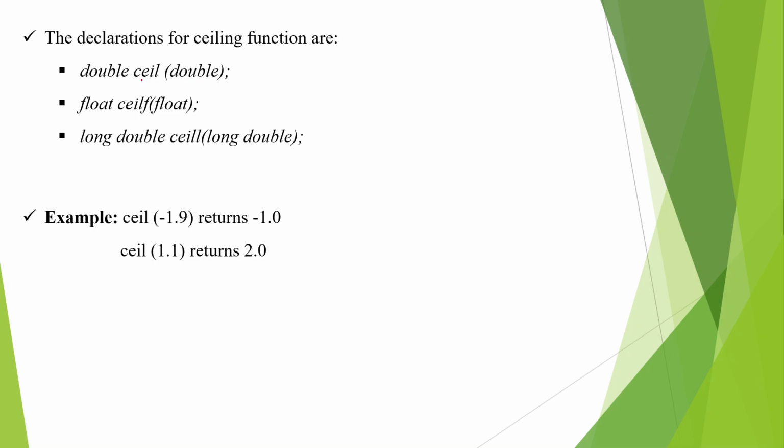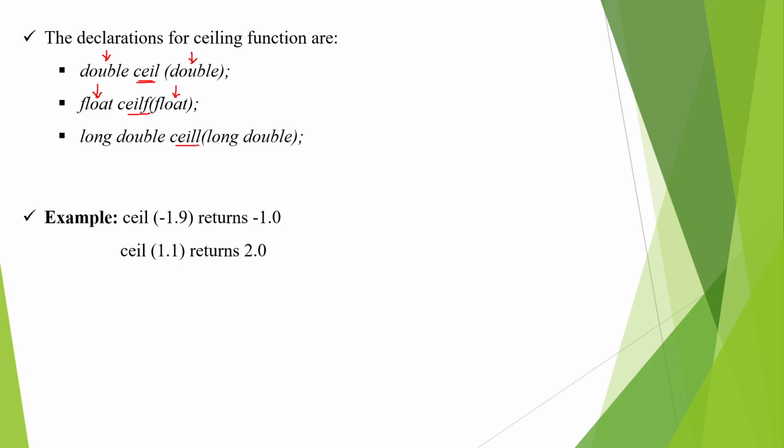So regular ceil will always take double as input and return double as output. Ceil f will take float input and return float output.